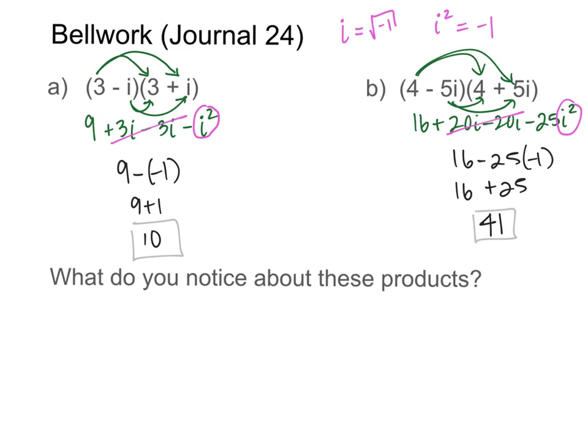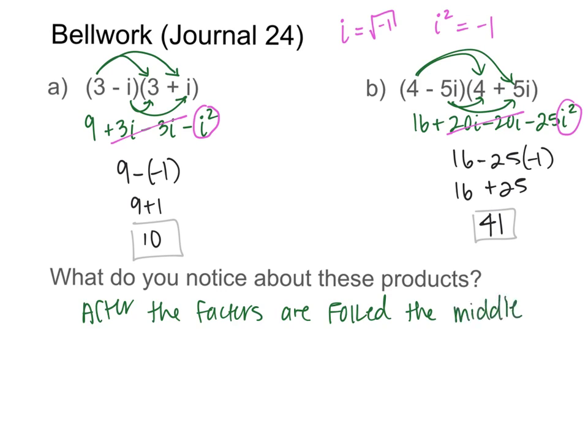So if you're asking yourself, what are you noticing about these products, meaning when you multiply these two factors? It seems like after, let me grab my pen here, after the factors are FOILed, or multiplied, the middle terms cancel.